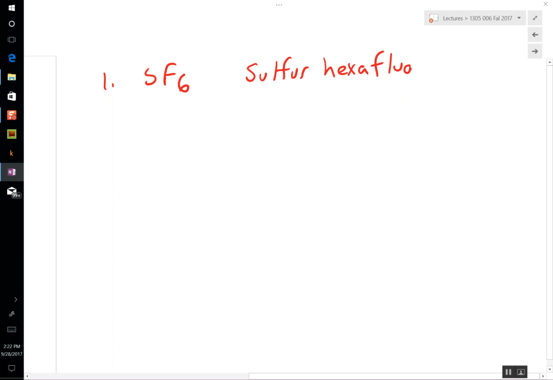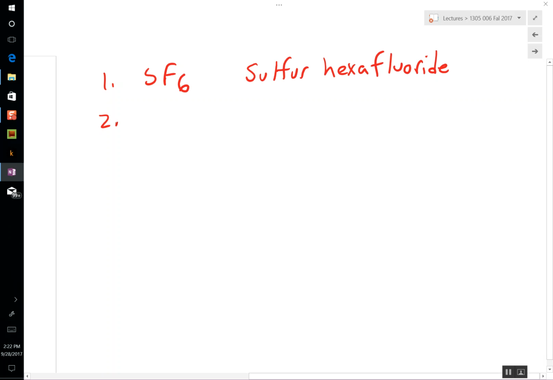And so number 1, we have SF6. So what is that? Sulfur hexafluoride. Number 2.